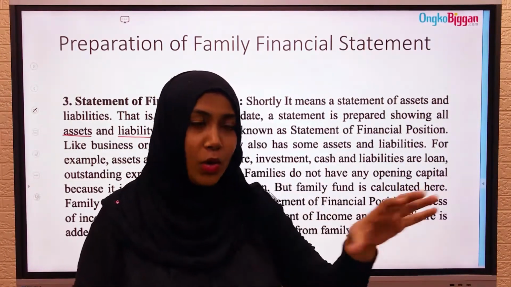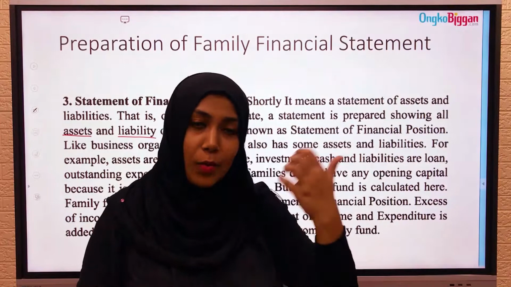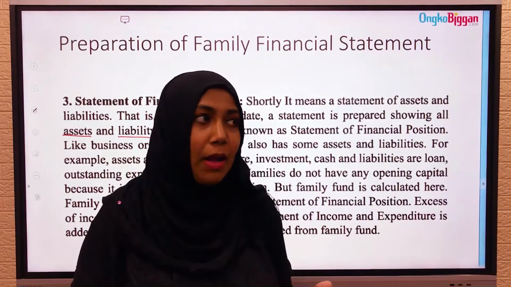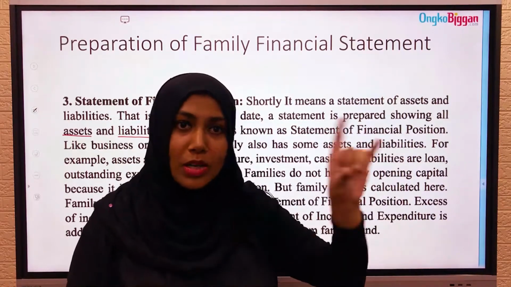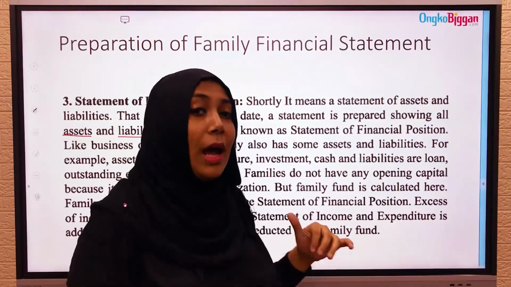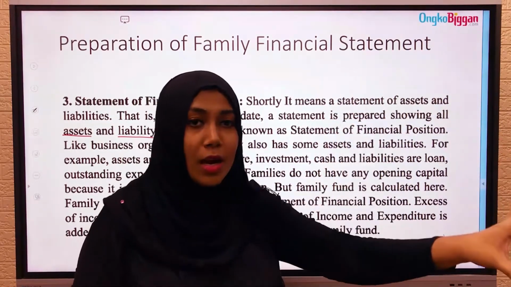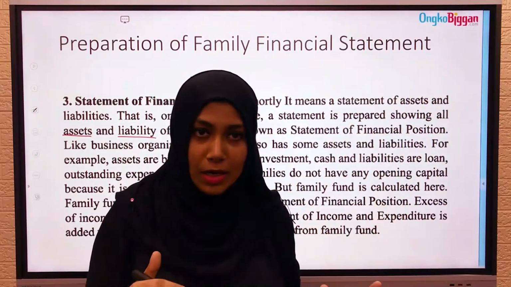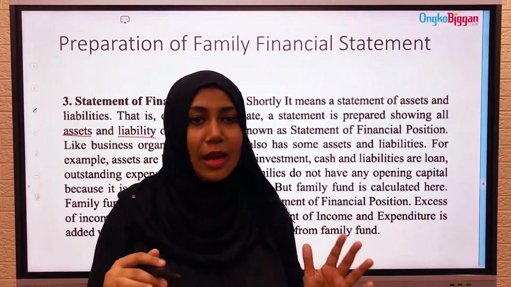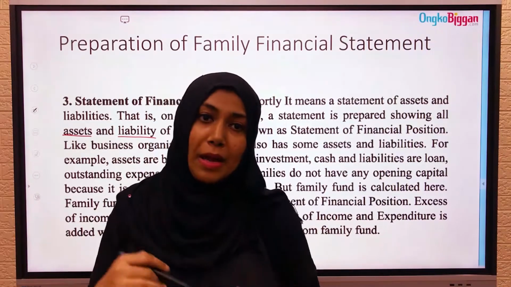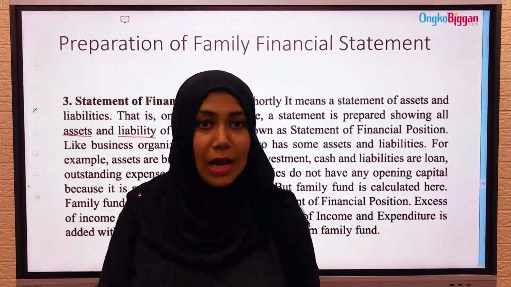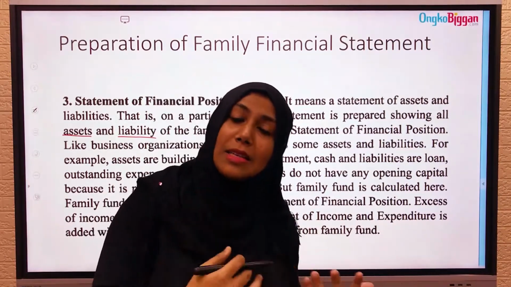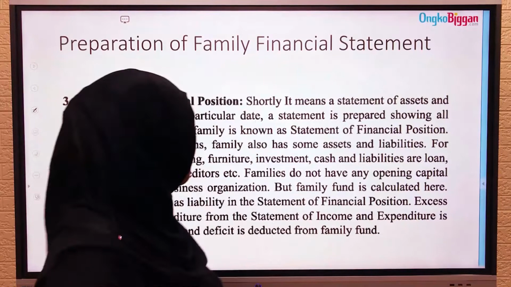I own a house, from which I get rent at the end of every month. So that house I own is my asset. And what's the liability? For owning that house, I have to pay a huge amount of money, which I have taken as a loan from the bank. So that became my liability, right?